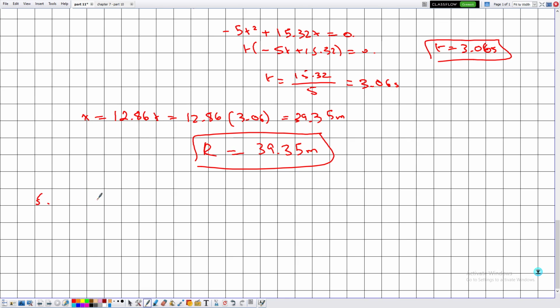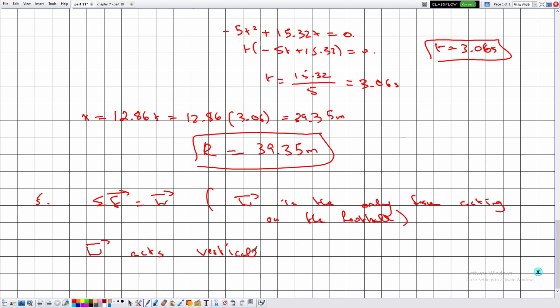So the resultant of the forces, which is the sum of forces, is simply equal to the weight. Weight is the only force acting on the football. And the weight acts vertically downward.